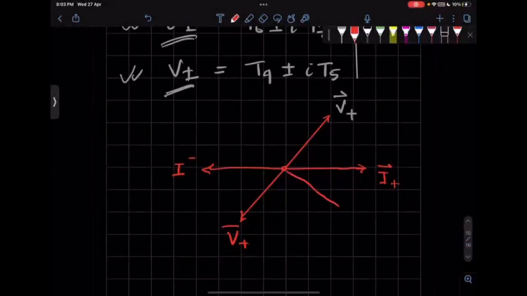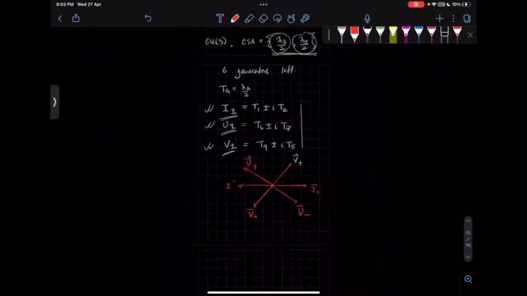And then we have over here, this is going to be U minus, and this will be U plus. Okay, so do you understand what's happening here? Each of these is changing the lambda 3 and lambda 8 values of whatever state they're acting on.